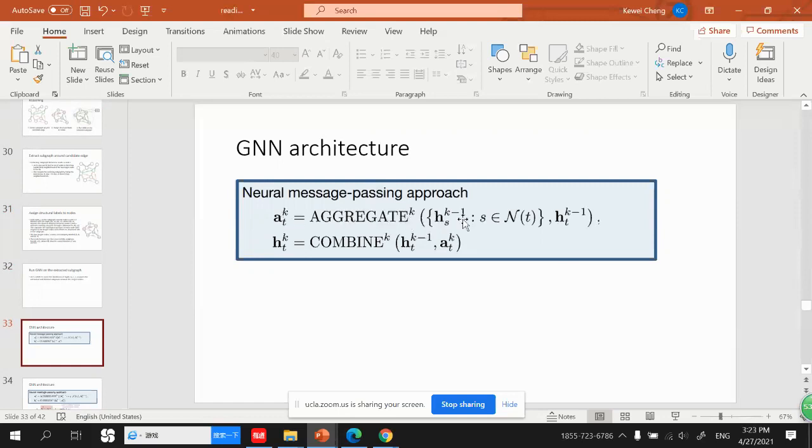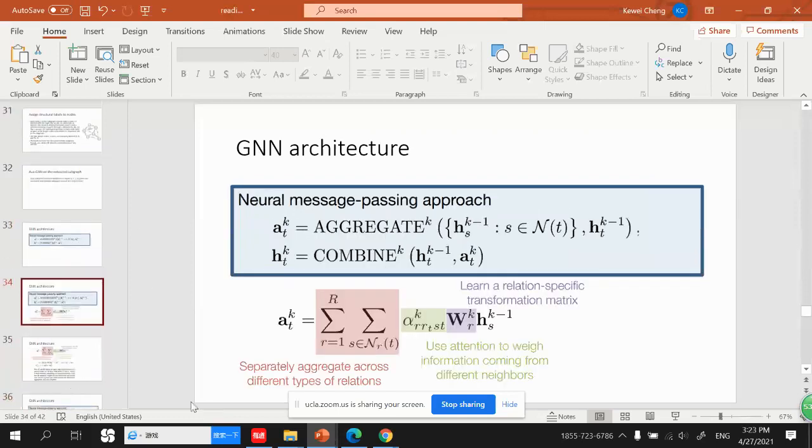Then it tries to combine its own embedding in the previous layer with all its neighbors, and then updates its embedding in the new layer.